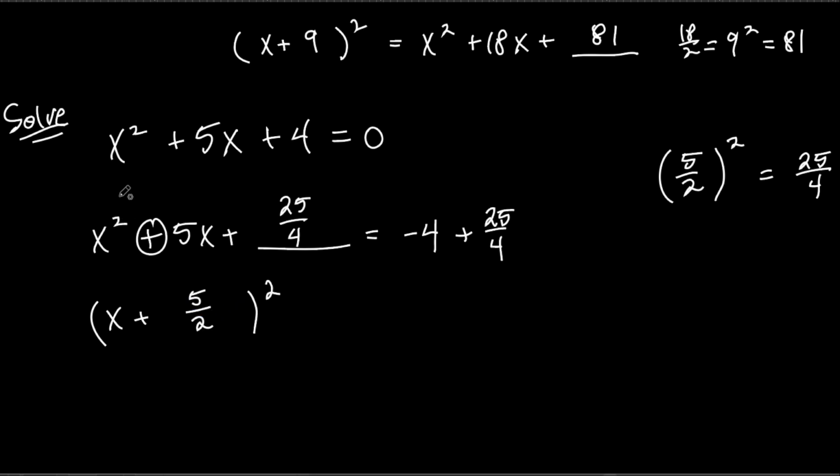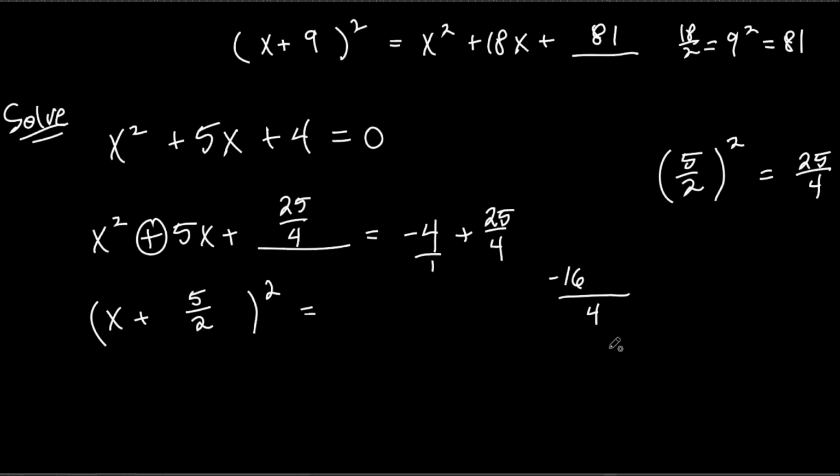So now we took something really weird and ugly looking. We recognize that it's a perfect square, and we wrote it as a perfect square. But now I got to do some stuff over here. What do I have to do here? Got to add those up. Well, this is over 1. I got to find a common denominator, don't I? What would the common denominator be? 4. So 1 times 4, negative 4 times 4 is negative what? 16.